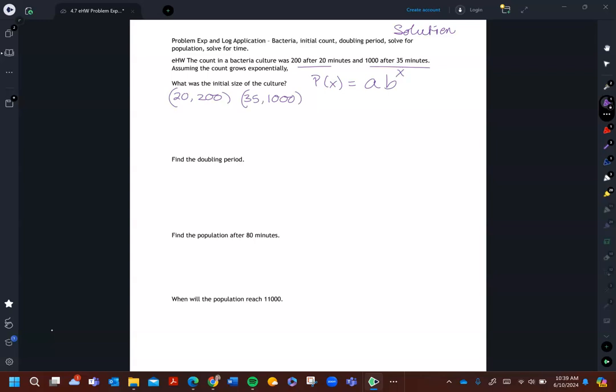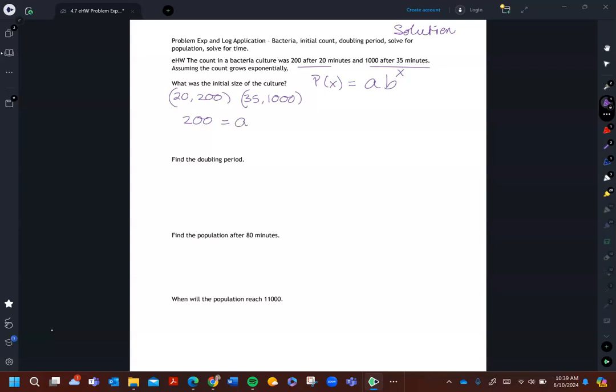So using those 2 points, I can set up a system of equations, and I can write them out and figure out what B is and what A is. I'm going to need the base later, so I'm going to figure that out first.